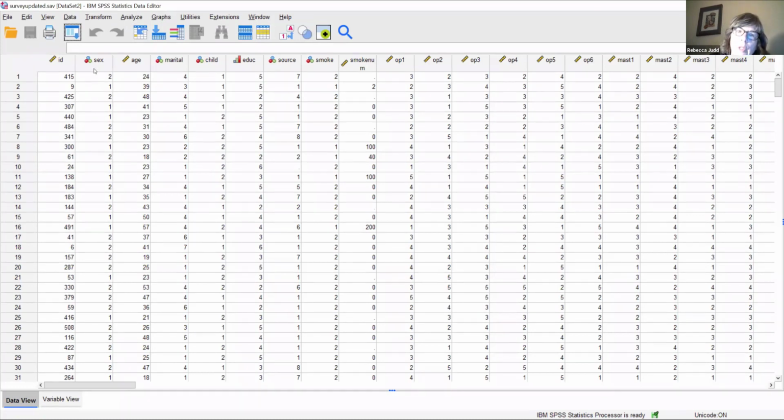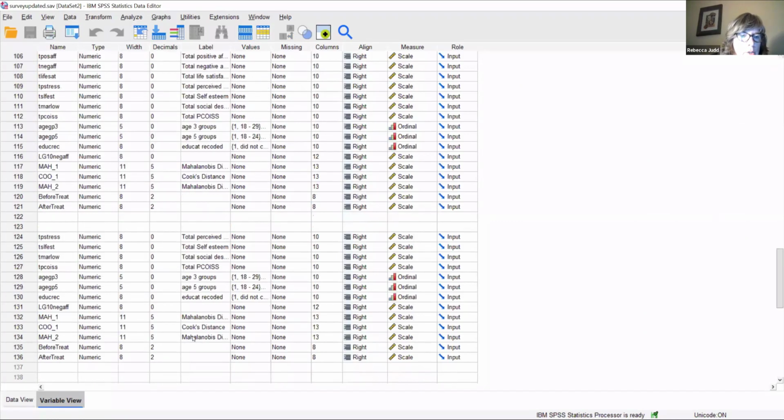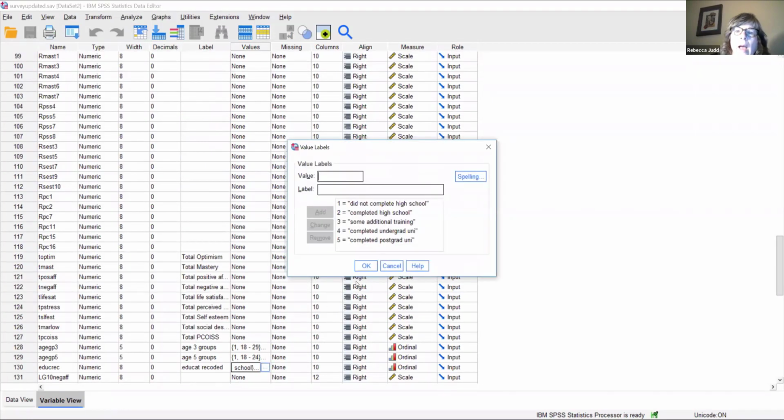So for gender, which they labeled as sex, we have male and female. For education, we can do the education recode because they recoded it into did not complete high school, completed high school, additional training, undergrad.